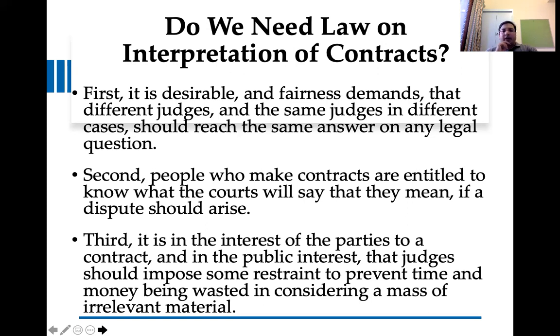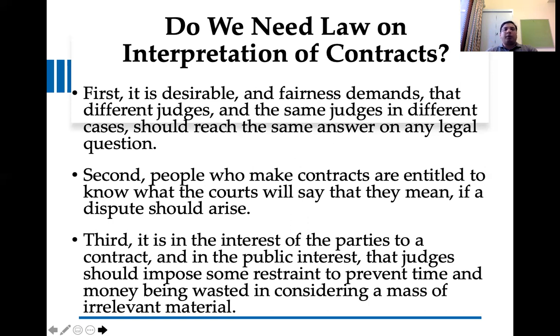First, it is desirable and fairness demands that different judges, and the same judges in different cases, should reach the same answer on any legal question. In order to ensure certainty and fairness, we must have predictable meanings put into the contract.